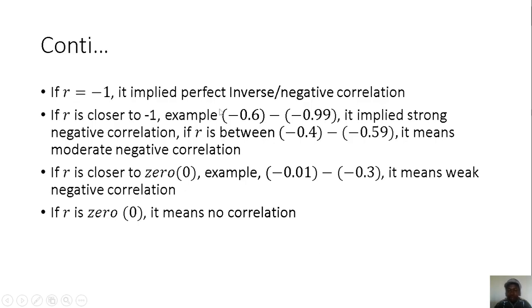When it is closer to -1, that is -0.6 to -0.99, it is a strong negative relationship. When R is within the range of -0.4 to -0.59, it means a moderate negative relationship. When it is closer to 0 and it is negative, it is a weak negative relationship. And when R is 0, that means there is no relationship at all.